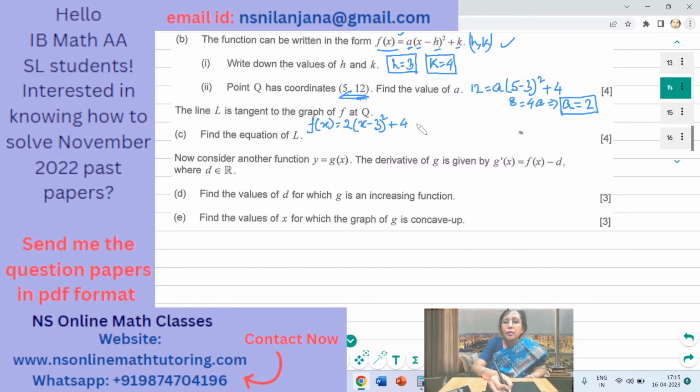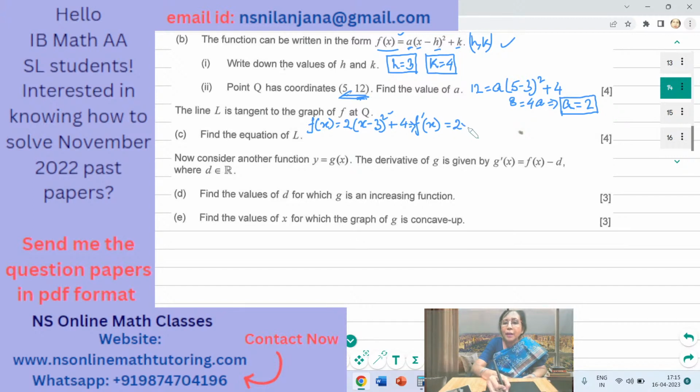Okay, so f dash x. I don't know whether I'll be able to complete the whole thing over here. Let me try. f dash x is equal to 2, the coefficient, has to be written first. Then comes the power.